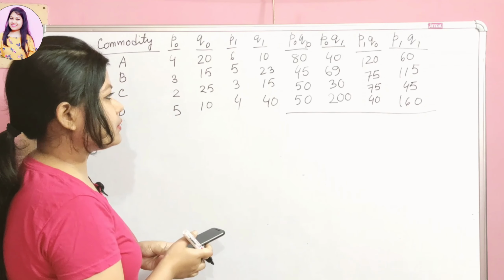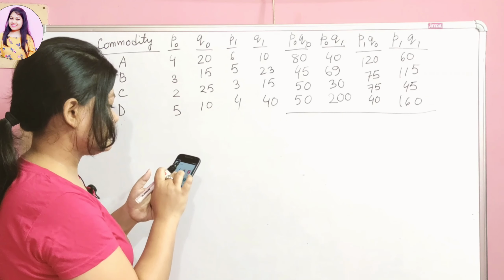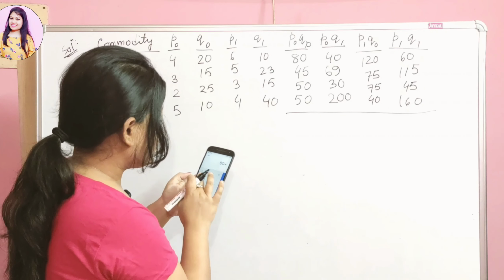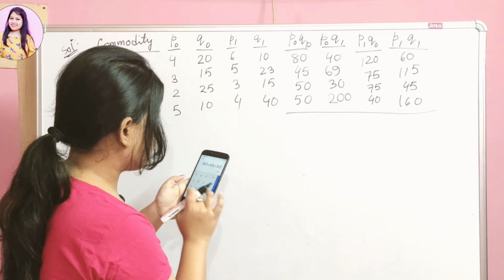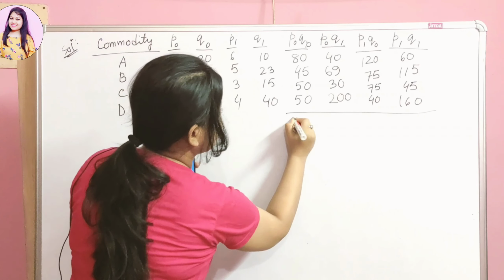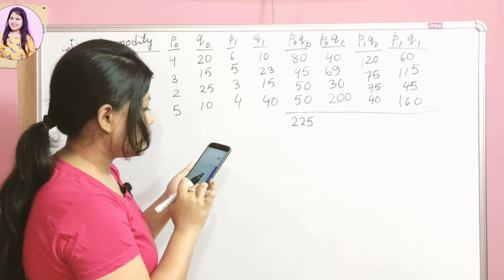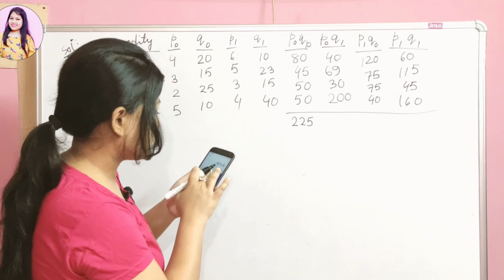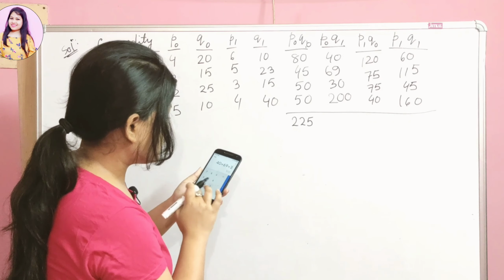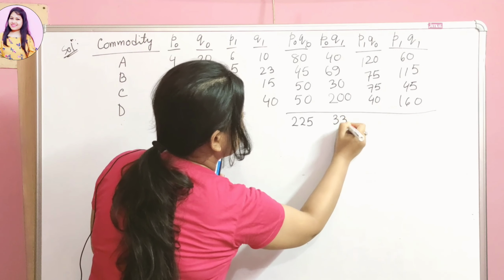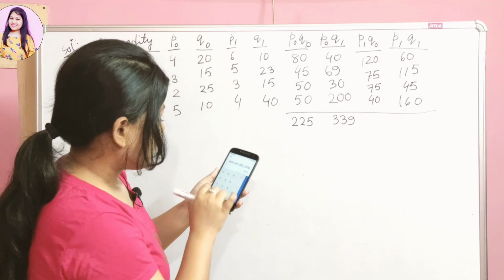Here I am using the calculator. 80 plus 45 plus 50 plus 50 is equal to 225. Then 40 plus 69 plus 30 plus 200 is equal to 339.